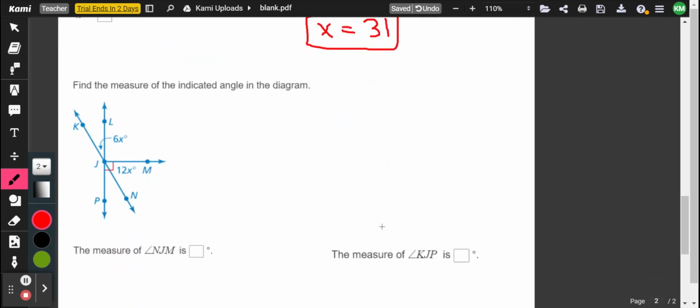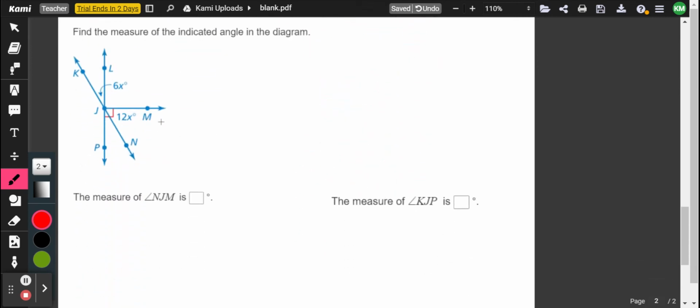Okay, next we have a lot of stuff going on in this one. We have multiple angles, and we need to find angle NJM. So we're talking about this angle here, NJM. I noticed that if this is 6x, the vertical angle right here is also 6x.